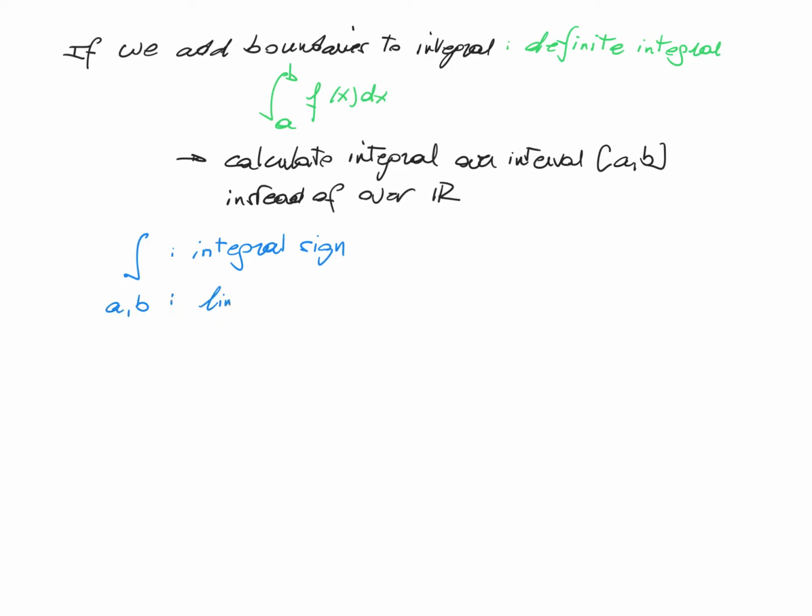A and b are called the limits of integration. They define the upper and the lower boundary of your integration. The function f is called the integrand. And then x is the variable of integration.